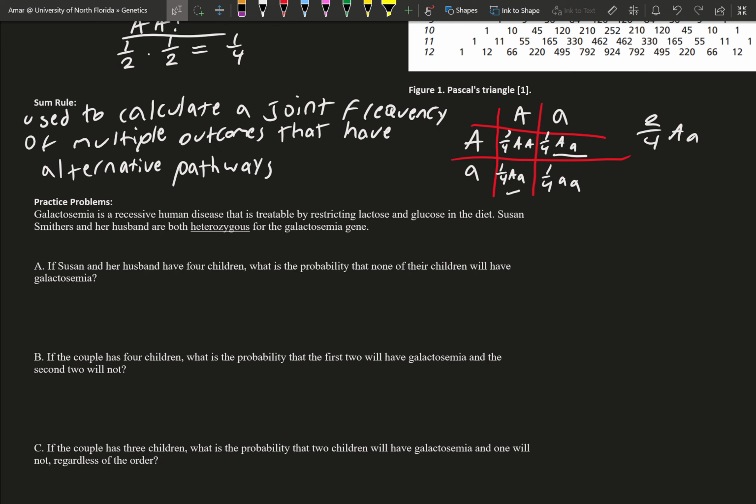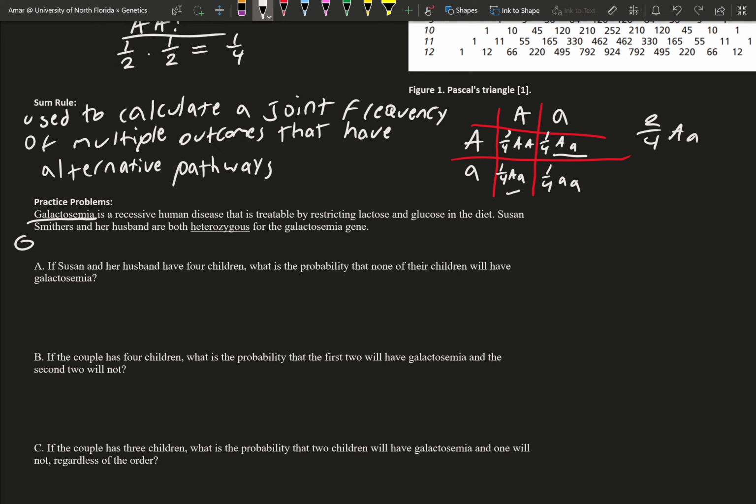So galactosemia, and we can refer to this as G, is a recessive human disease that is treatable by restricting lactose and glucose in the diet. So Susan and her husband are both heterozygous for the galactosemia gene.